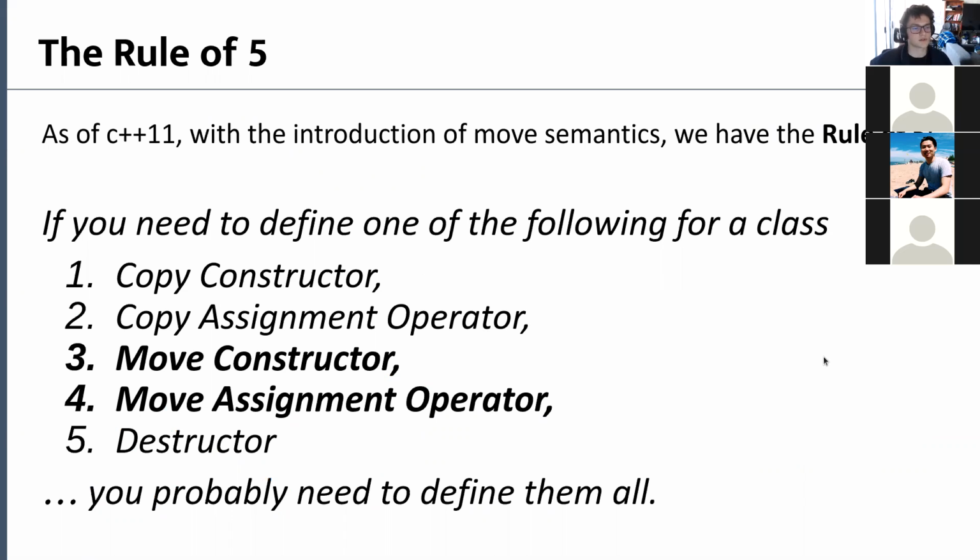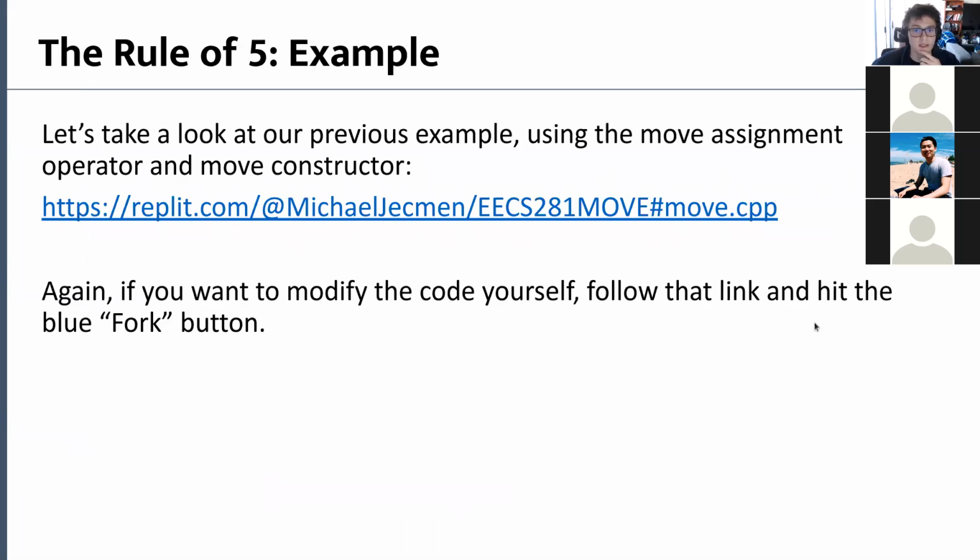And that's just because if we have some resource that's being managed by our class that is sufficient enough that we need to specify rules for how it is deep copied, then we probably also want to specify rules for how we can steal that data.